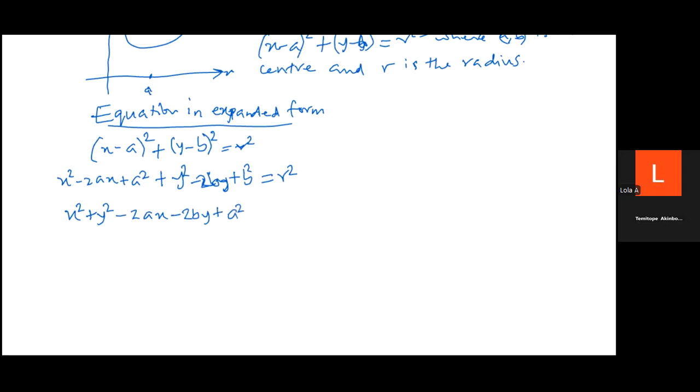I want to take the r squared to the left-hand side, minus r squared equals 0. Is that clear? Yes, sir.